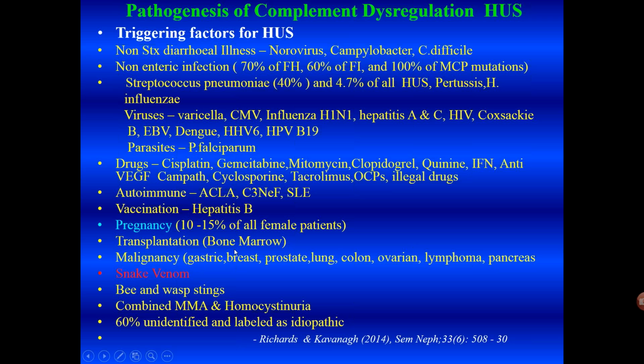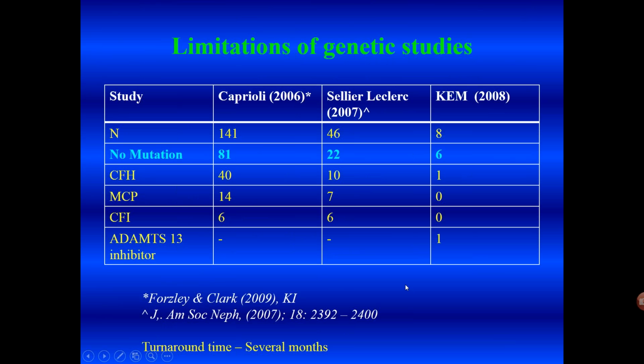Oral contraceptive pills, quinine used to be used a lot earlier, autoimmune phenomena, pregnancy, 10 to 15% of all female patients who get this condition. Snake venom, common in India, as I'll show you in some of the studies, and there's still a large group of triggers which are probably unidentified and today have still been labeled as idiopathic.